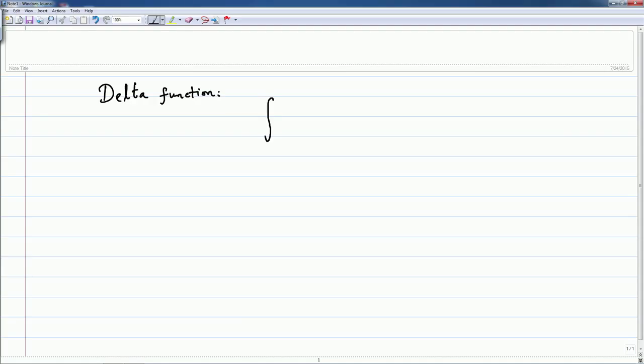You say for any continuous function f of t, the integral of f of t times delta of t dt equals f of 0. Okay. So, this is known as the shifting property of the delta function, and it is a decent way to define it, and this is the most important, critical property of the delta function that one keeps using repeatedly in many applications.